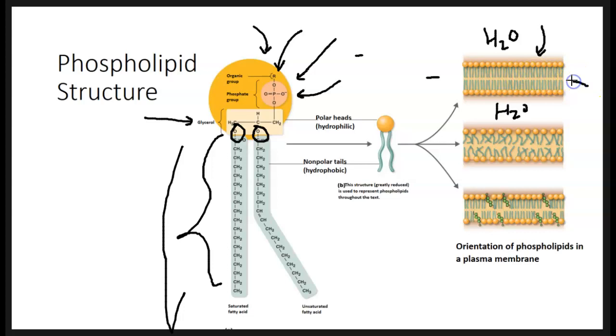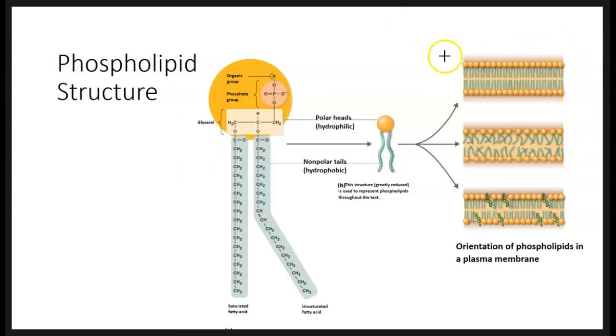The hydrophobic end of the molecule doesn't interact with water, and it interacts with other nonpolar substances. So the phospholipid bilayer is made by these layers of 2 phospholipids where the nonpolar chains are interacting on the inside of the membrane lipid bilayer, and the phosphate ends, the hydrophilic ends, are on the outside.